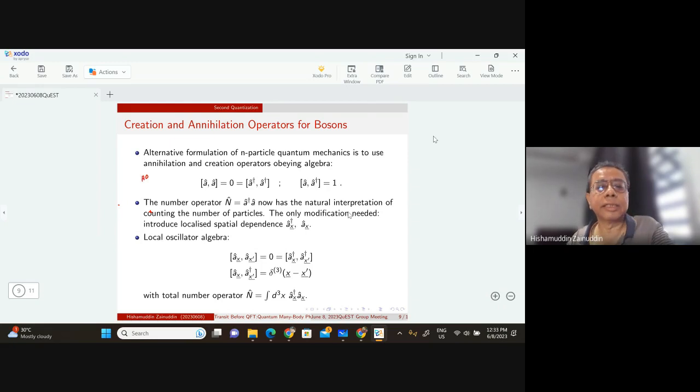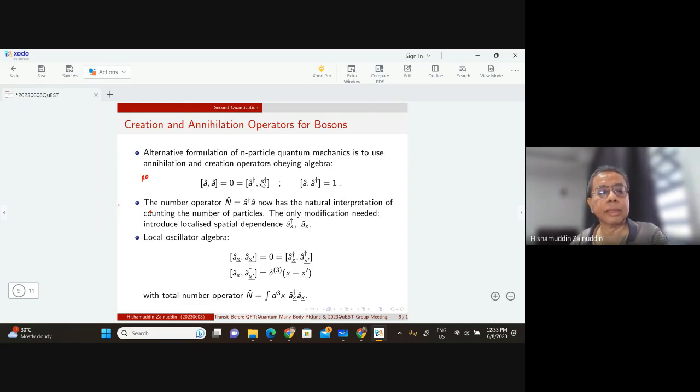You can still recreate this algebra, and it comes from the Heisenberg-Weyl algebra. The interpretation is not increasing the levels of energy, but now you have the natural interpretation of counting the number of particles.